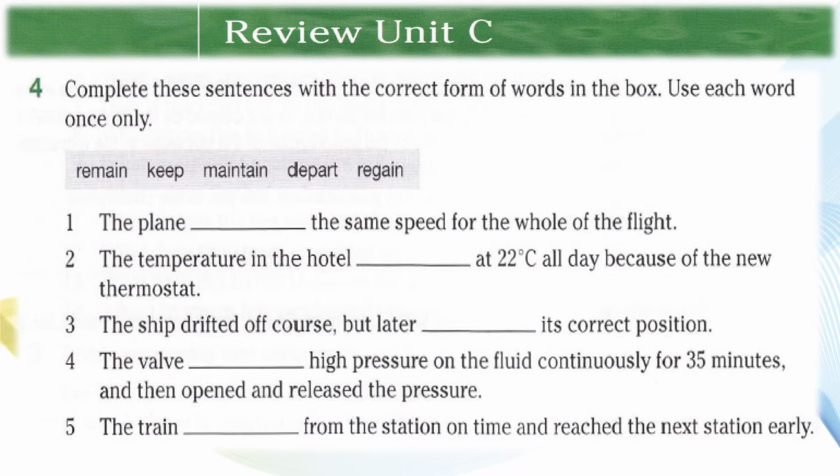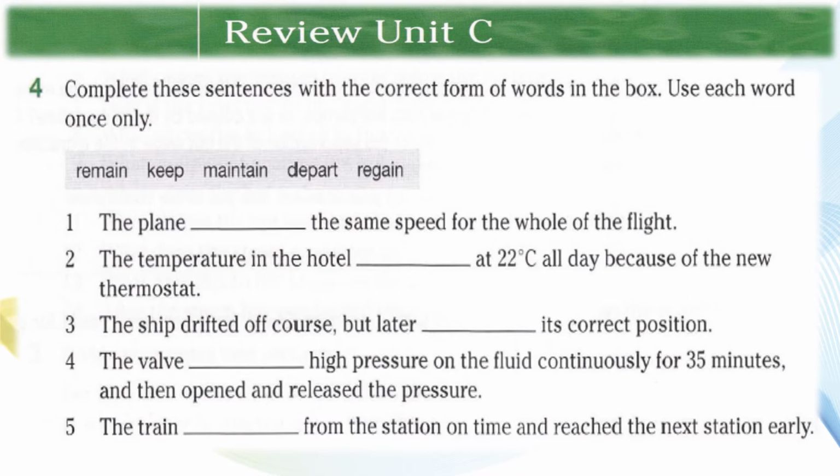Dear students, after we studied the vocabulary, now let's try to do exercise number 4 from your course book, page 49. It says, complete these sentences with the correct form of words in the box. Use each word once only.